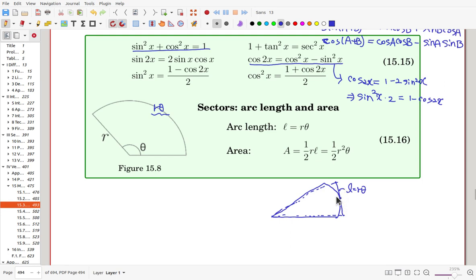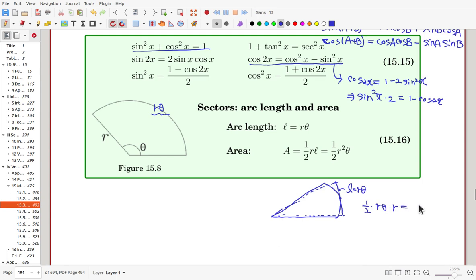Then the area of the triangle is the same as the area of this sector. We can prove that this portion and that portion are the same in area. So eventually we can get the area of a sector from this triangle. The height is r, so the area must be half times the bottom length r theta times the height r.